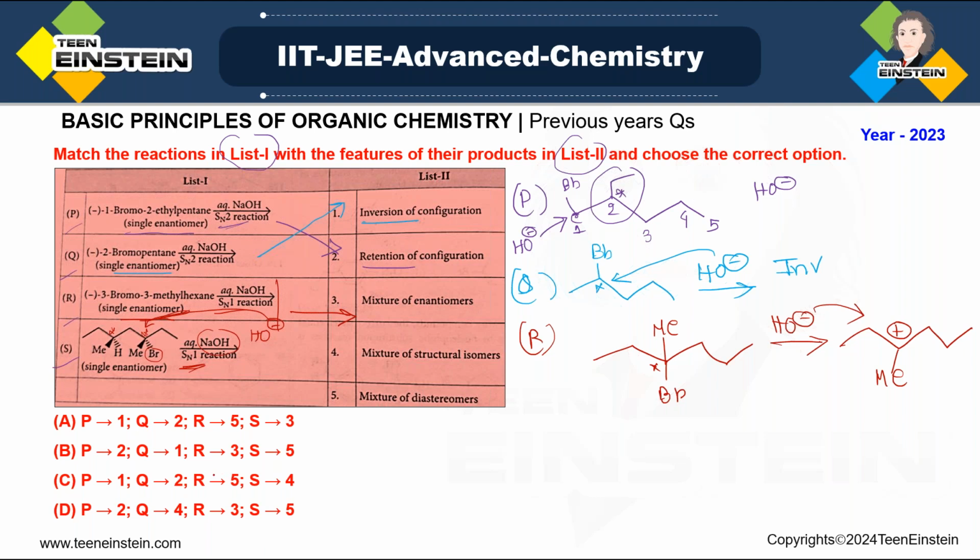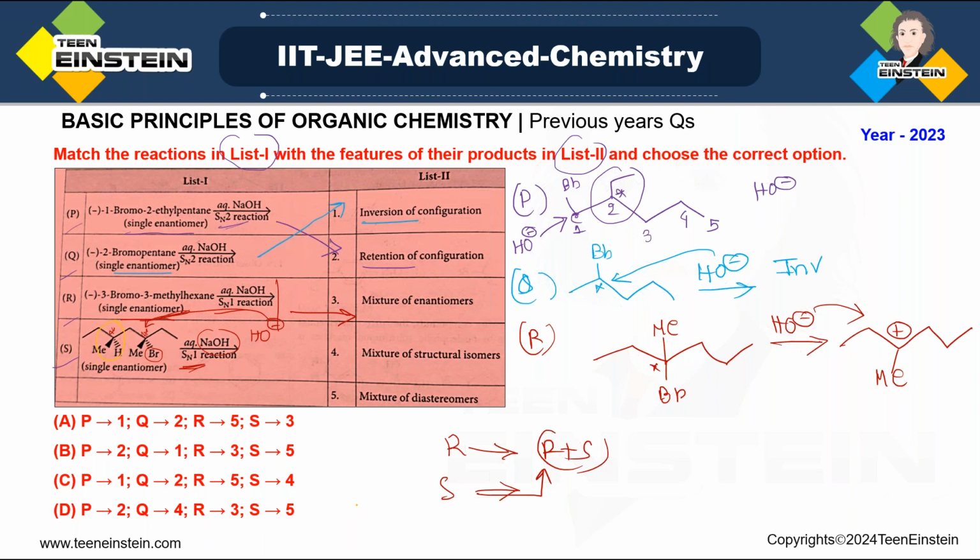So here there will be change of configuration. That means if initially it is R, you will get a mixture of R and S. If initially it is S, then also you will get a mixture of R plus S. But see, here this other chiral center is not disturbed at all. There is no change. That means this will remain fixed.